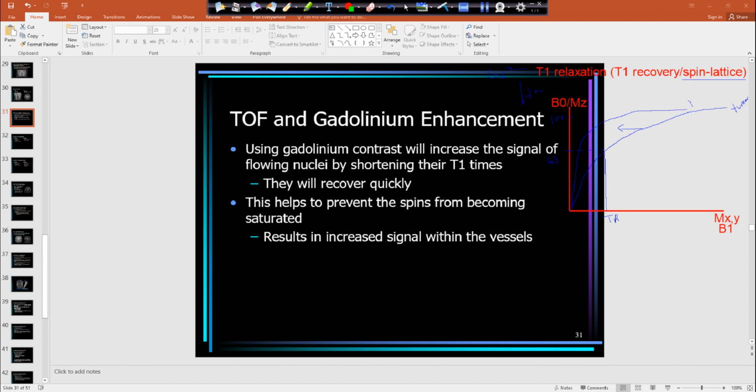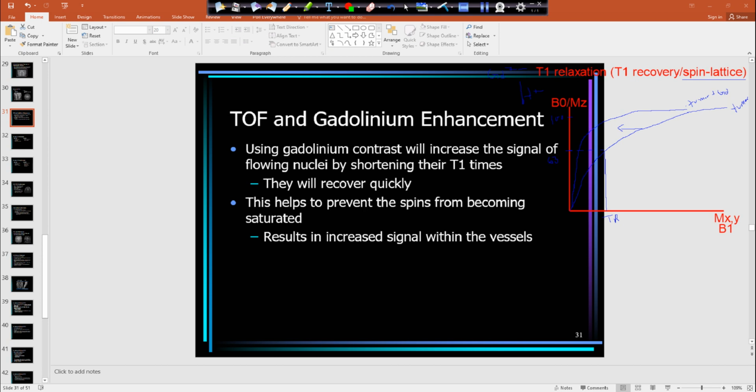And this is our tumor plus our gadolinium. So if we recover a lot faster, we're going to have higher signal for the next RF pulse to flip it into the transverse plane.